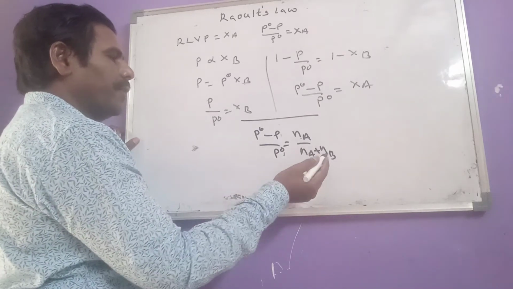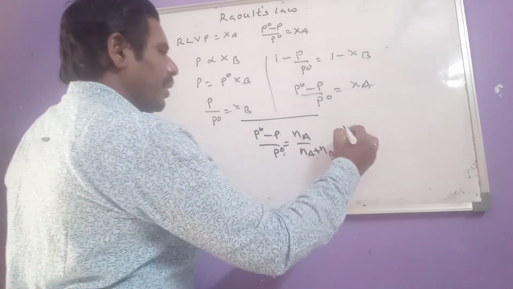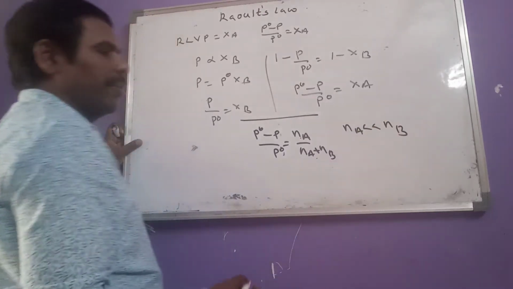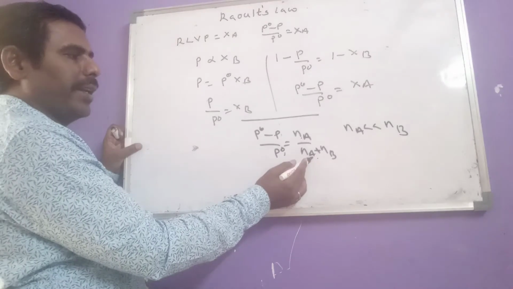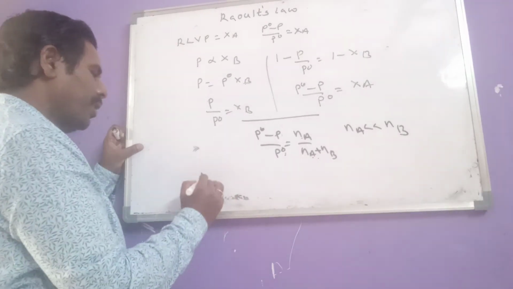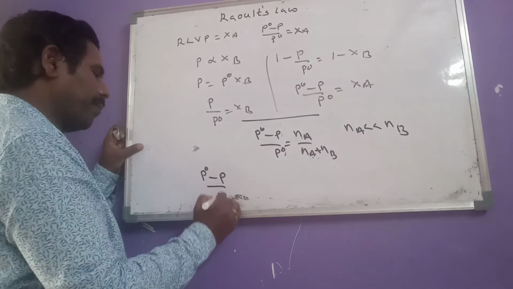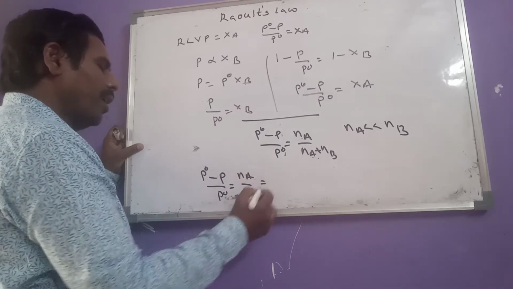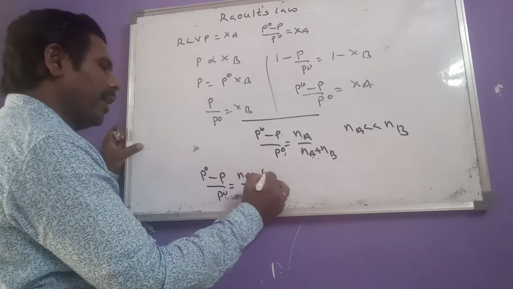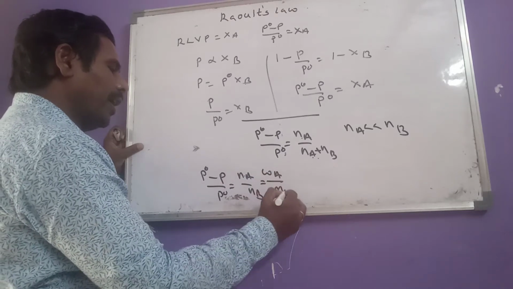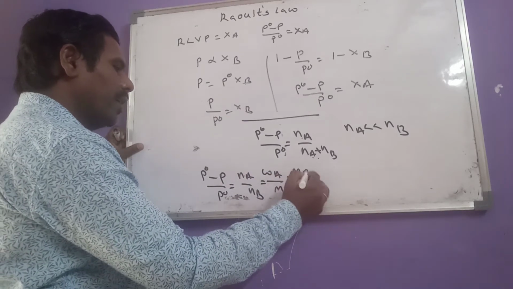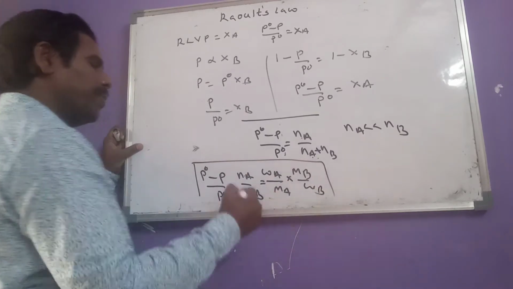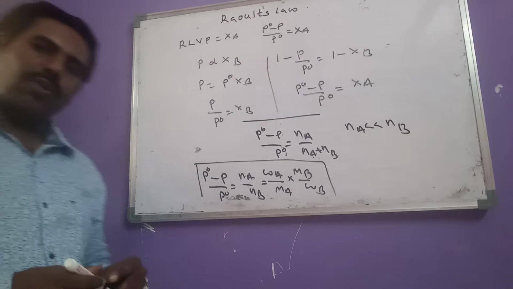But in case of dilute solutions, this Na value is less than that of Nb. So in the denominator, by neglecting Na value, (P naught minus P) by P naught equals Na by Nb, and by substituting Na and Nb values, Wa by Ma into Mb by Wb. So this is the full expression of Raoult's law.